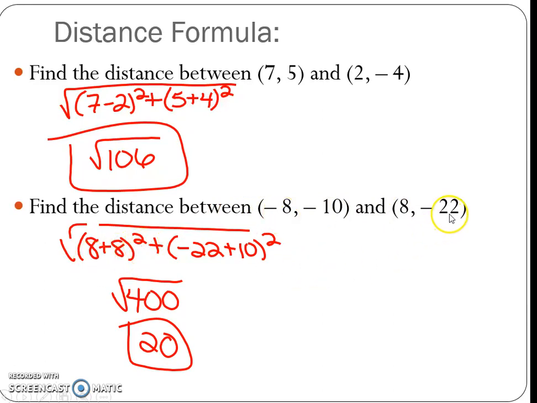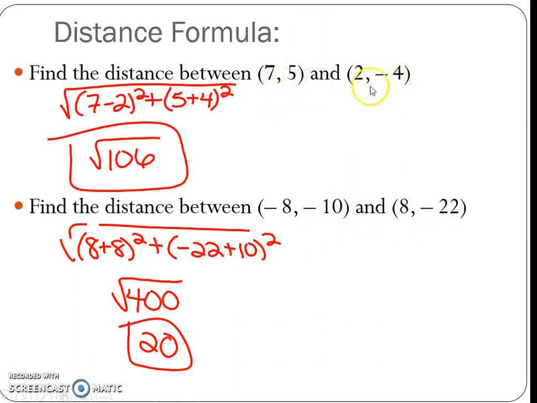And then y2 minus y1, negative 22 minus negative 10 is negative 12 squared. And then if you put that in the calculator, you get 400. You're going to do square root of 400, which is 20. So you can just put the whole thing in the calculator, and then you get 20. So the distance between these 2 points is 20.